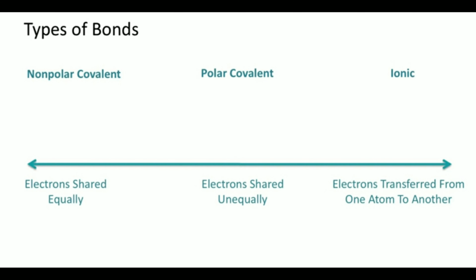Due to identical electronegativities, electrons are shared equally in nonpolar bonds, unequally with the higher electronegativity element favored in polar covalent bonds, and electrons are transferred in ionic bonds.